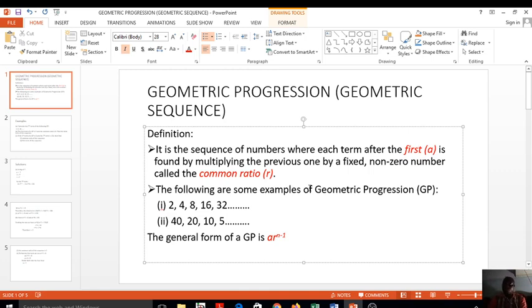If you look at the following examples, these are some examples of geometric progression, also known as GP. We have 2, 4, 8, 16 up to 32. Take note of this, from 2 to 4, and then 4 to 8, 8 to 16.